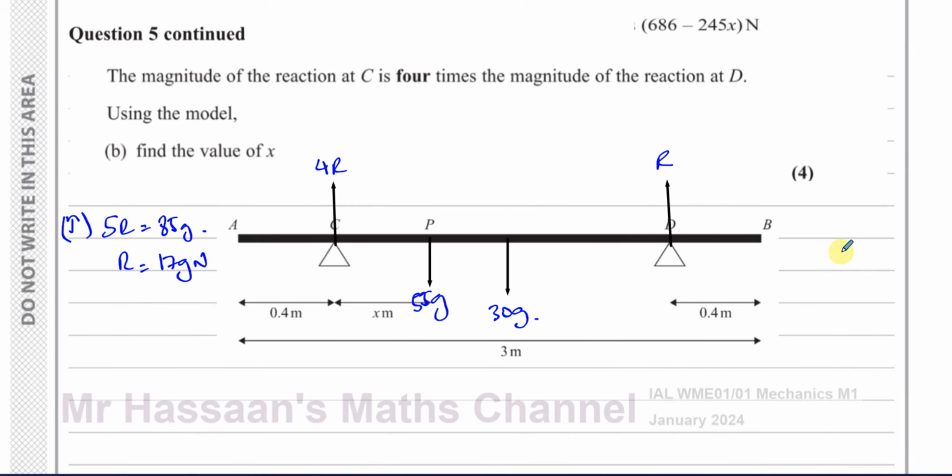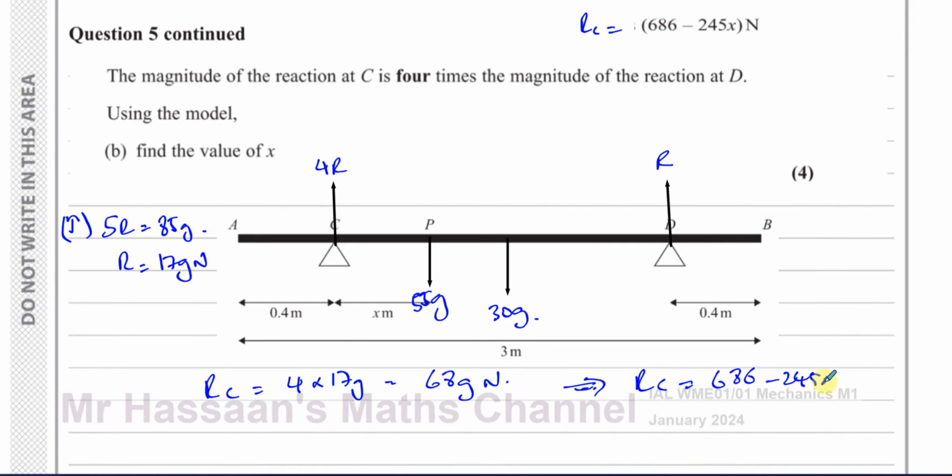So I know now the value of R, and therefore I can work out what x is, because I know that the reaction at C is given by this much. So the reaction force at C is equal to 4 times 17G, which is 68G newtons. And I also know the reaction force at C is also equal to 686 minus 245x newtons.